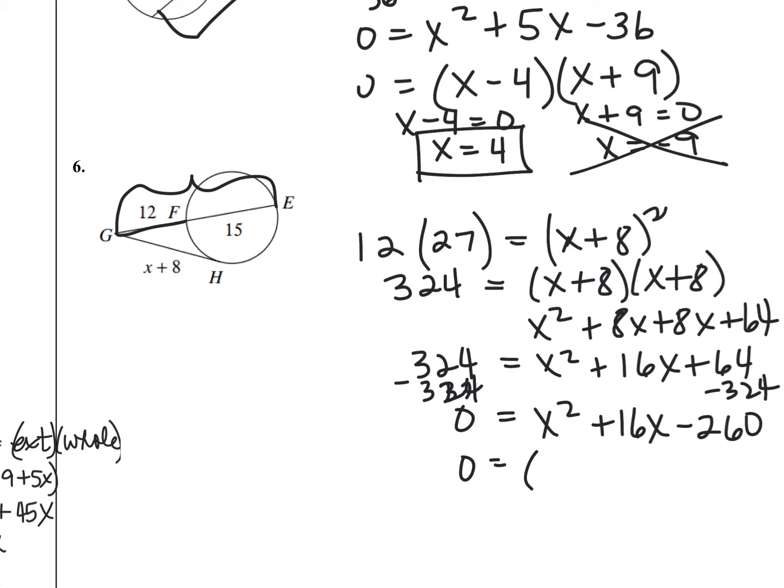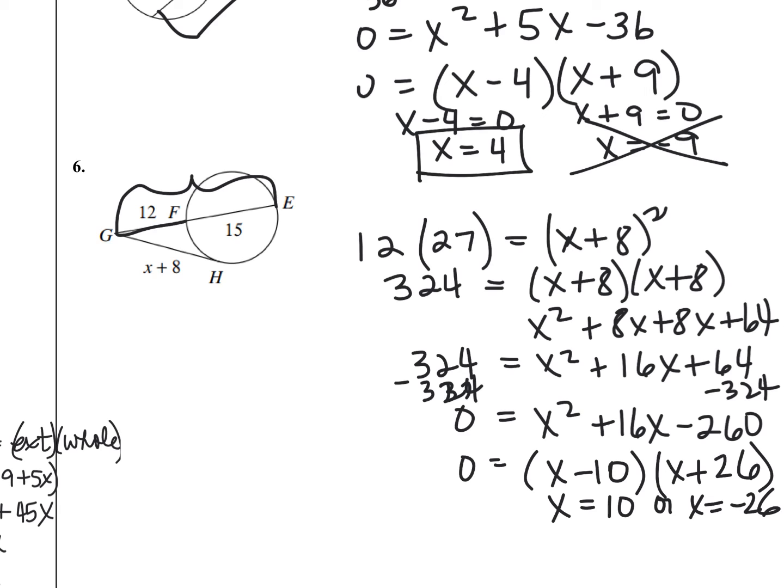So I have x minus 10 and x plus 26. And so we have x equals 10 or x equals negative 26. And since our x value cannot be negative 26, we have x equals 10.